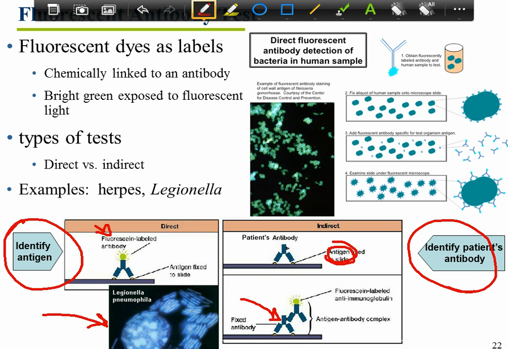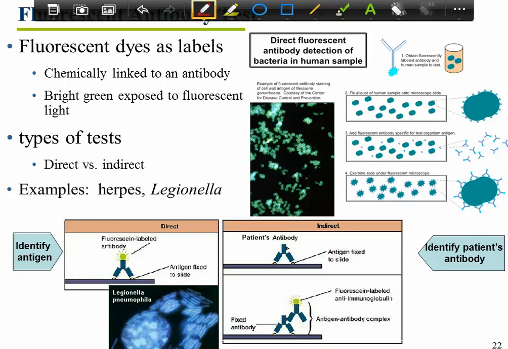There's the antibody, potentially, in the patient's serum. Then you add another antibody against that antibody, and it's got that fluorescein dye on it right there. If the patient has the antibody to the antigen you're looking for, you'll get a light up of this fluorescein dye. So again, two ways to do it, direct and indirect.